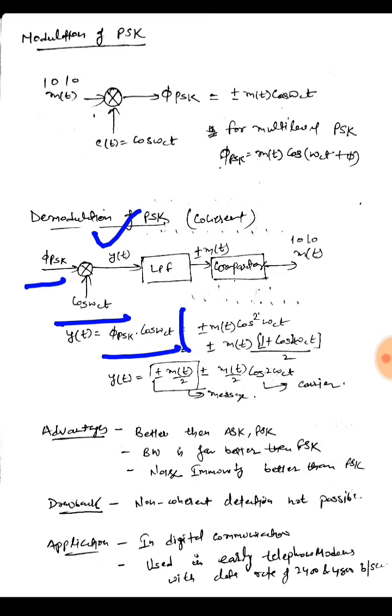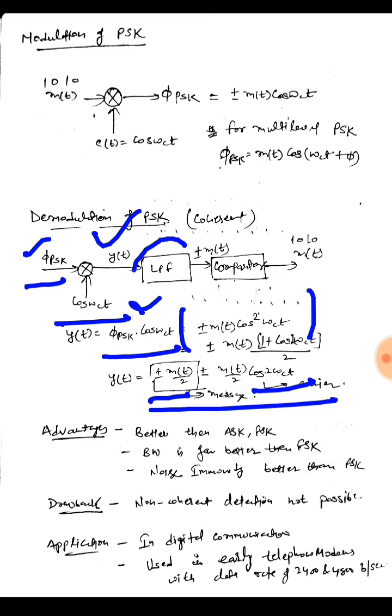So it would become plus minus m(t) cos squared omega_c t, as one cos omega_c t is in this and one is in this. Expanding the cosine function, we get m(t)/2 plus minus m(t)/2 cos 2 omega_c t. So this is the high frequency signal and this is our low frequency message.